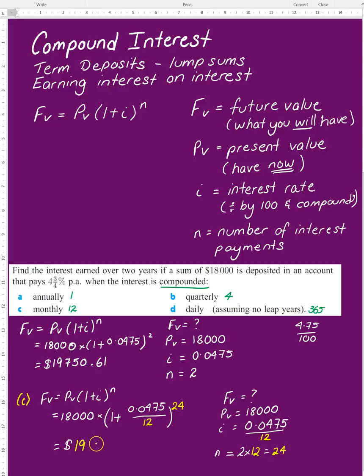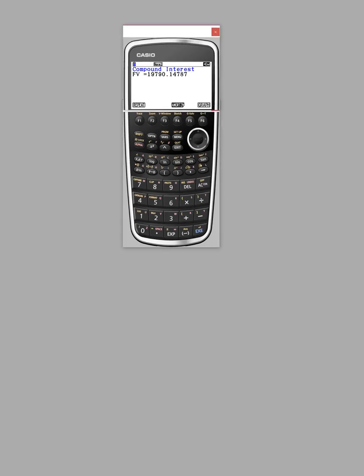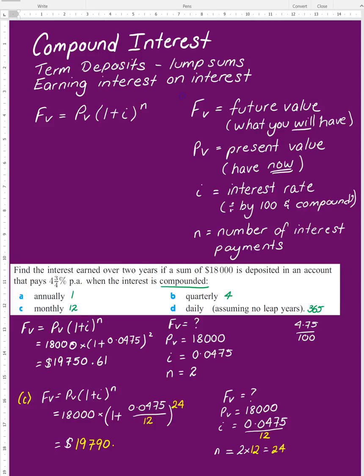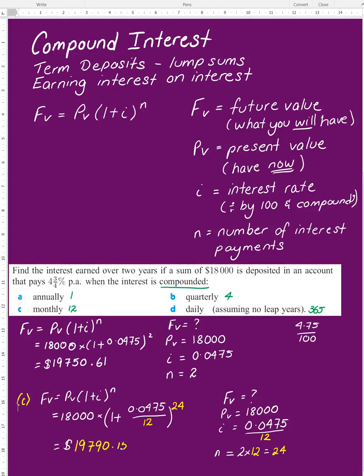So we've now got $19,790, and what was it? So 15 cents. We'll check that in the normal calculator in a minute.